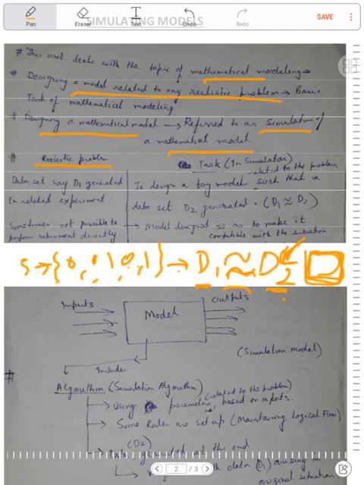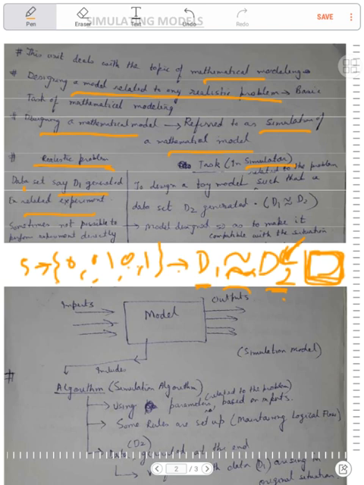Say there is a realistic problem. Once I perform the experiment, such as I already said, tossing a coin, a data set is generated in the related experiment. Now the task in simulation means the model which is being simulated. Suppose there is a computing machine where some input is given and some output is obtained.